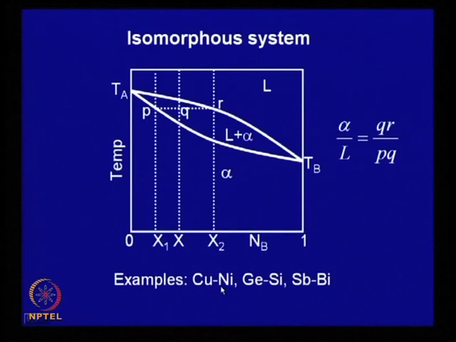The same will be valid, and for you to check up, what are the crystal structures and lattice parameters of these cases: germanium, silicon, antimony, bismuth. They also exhibit a similar isomorphous behavior, at least until solidification is complete, they will exhibit this type of phase diagram.